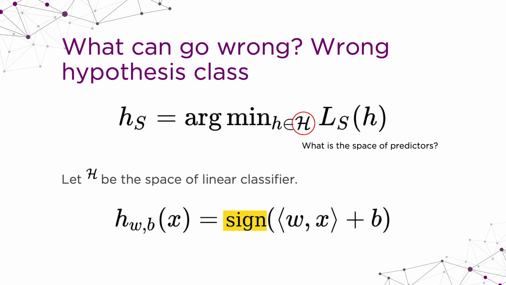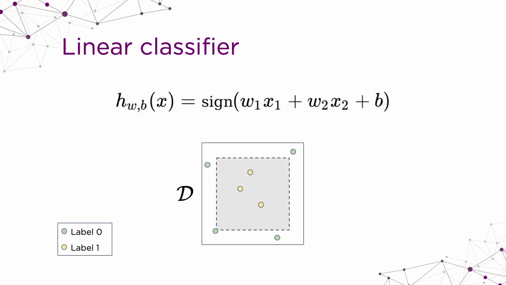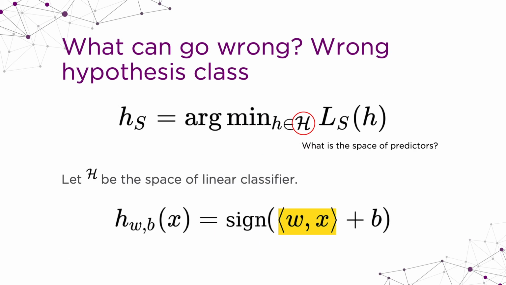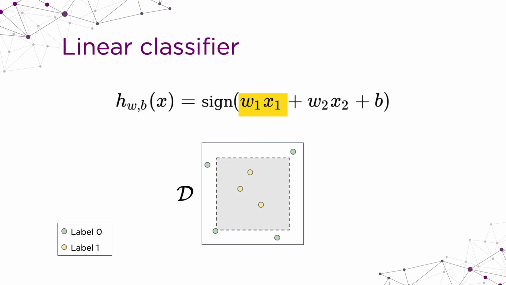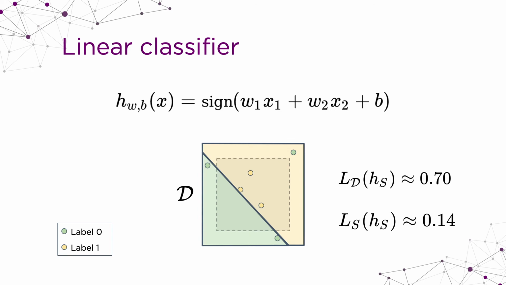If it's positive, we will say label 1. If it's negative, we will say label 0 for this example. So for 2 features, this expression is really the parameter W1 times X1 plus W2 times X2 plus B. And let's look at the decision boundary of a linear classifier.